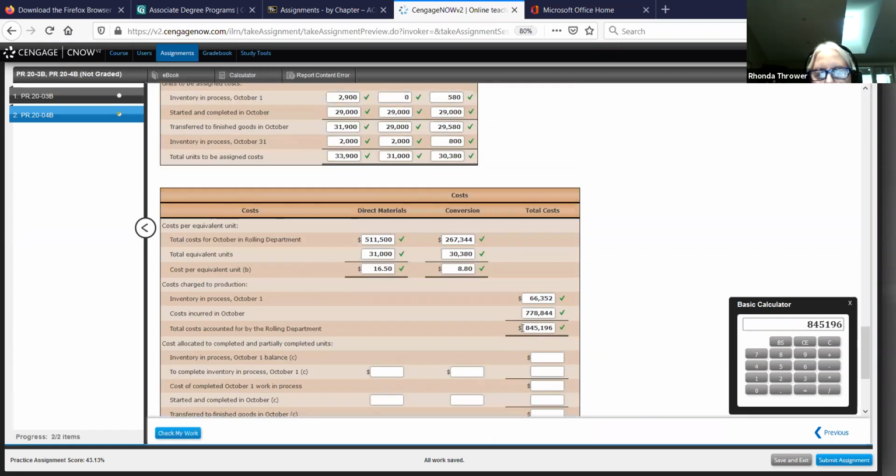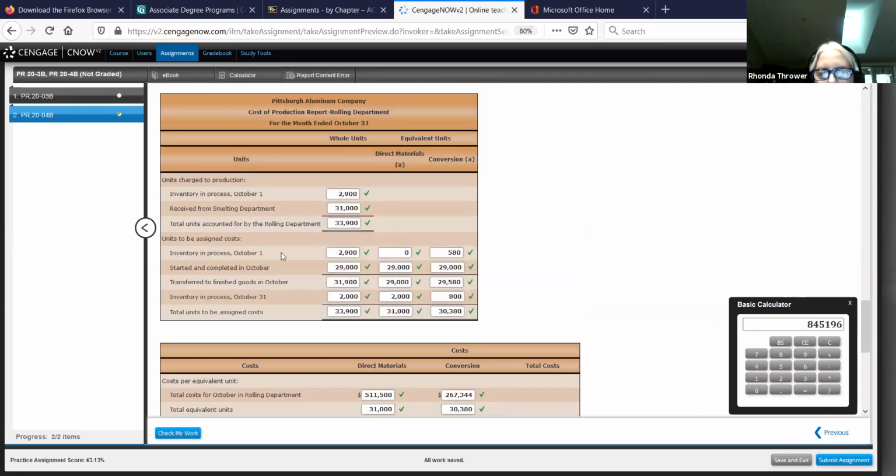And then we're going to break these costs down further, starting with your beginning inventory cost. We would have had no materials that were added. We have to find what it took to convert our beginning inventory.